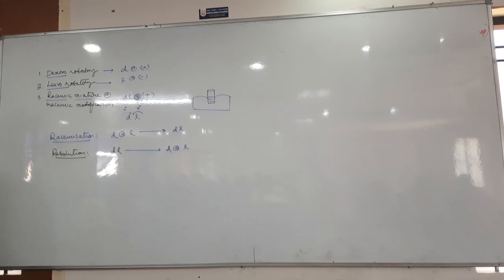The equimolar mixture of dextro and levorotatory isomers is called a racemic mixture or racemic modification.